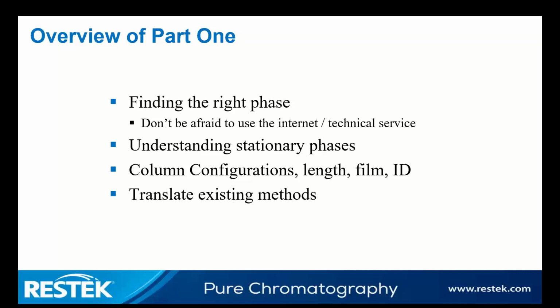And we talked about going out there and finding conditions that are already available. So especially for established methods like EPA 8260 and 524, those types of methods have optimized chromatograms that you can find. And Tekmar has optimized chromatograms.